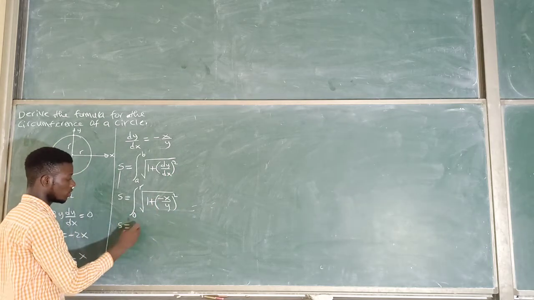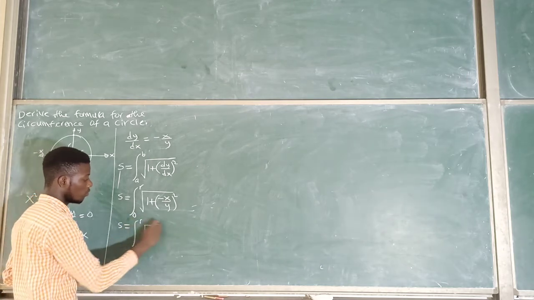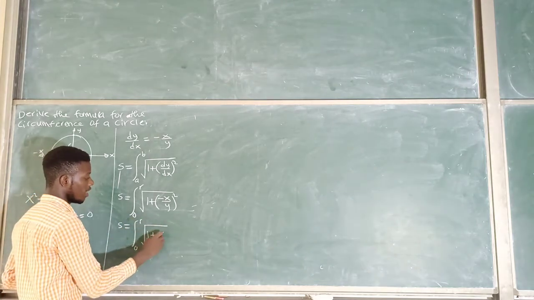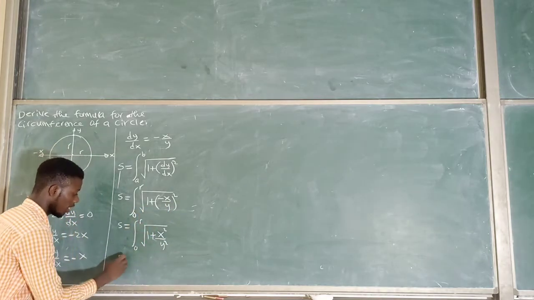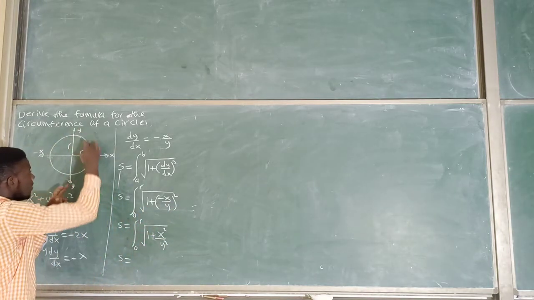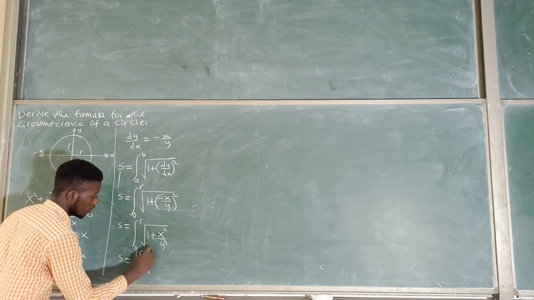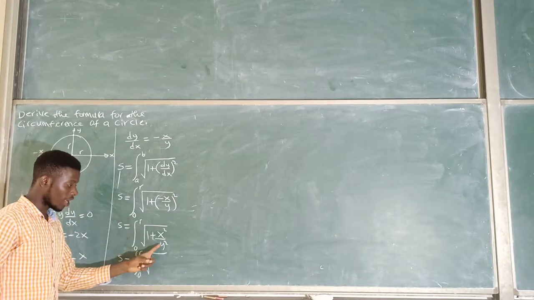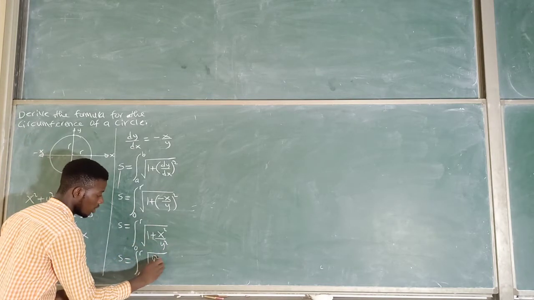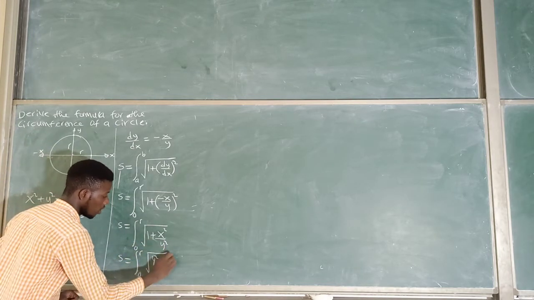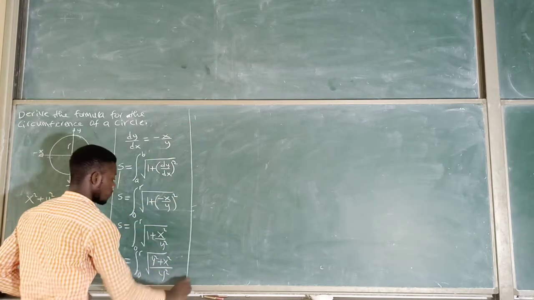So s is equal to the integral from 0 to r of the square root of 1 plus x squared over y squared. You square this, that's what you have. So you have the arc length. The arc length is equal to the integral from 0 to r of the square root of. If I add this fraction, I'll have this plus this, which gives me y squared plus x squared over y squared. That's exactly what I have.